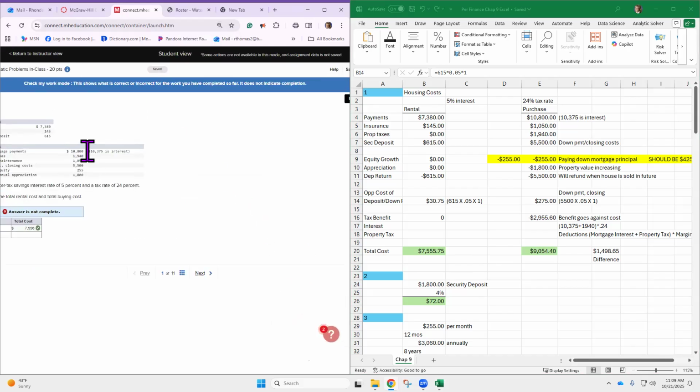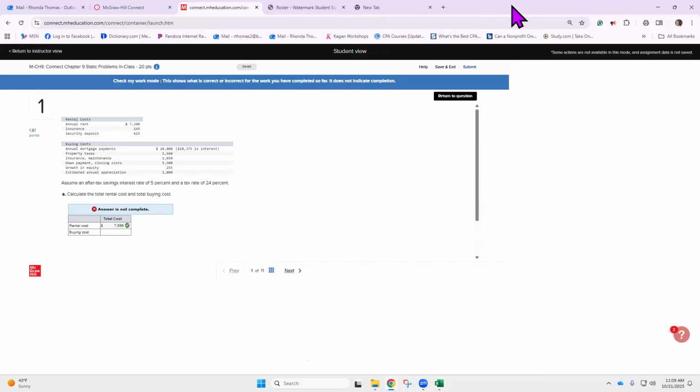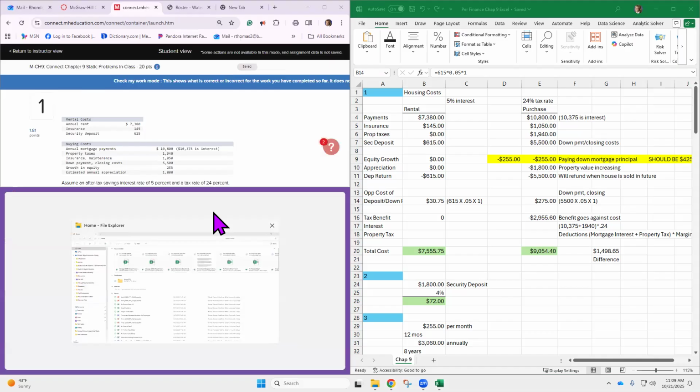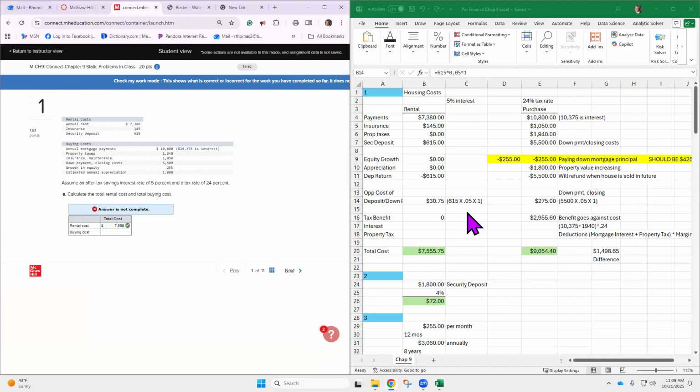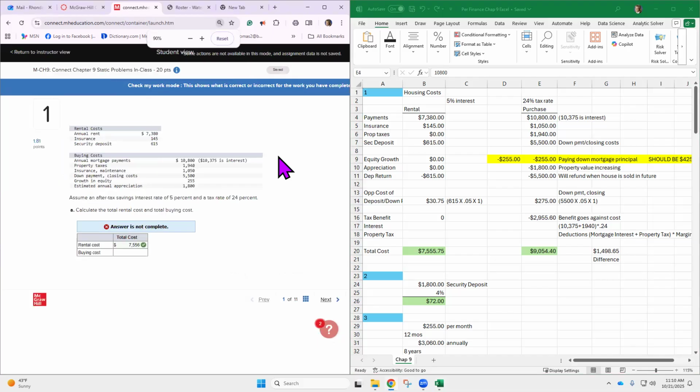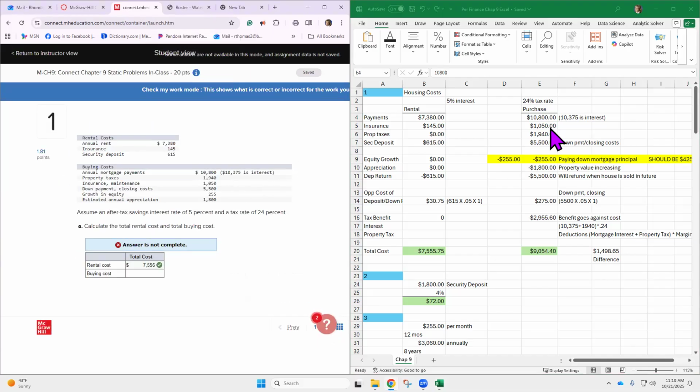Okay. So the purchase, if you add up all the mortgage payments together, mortgages are usually paid by the month. So they're talking about $10,800 in mortgage payments.